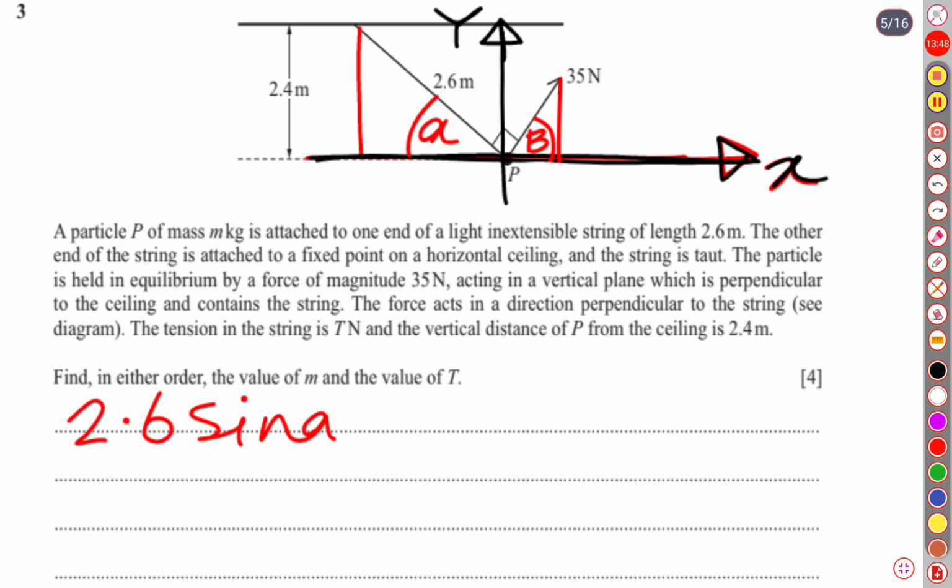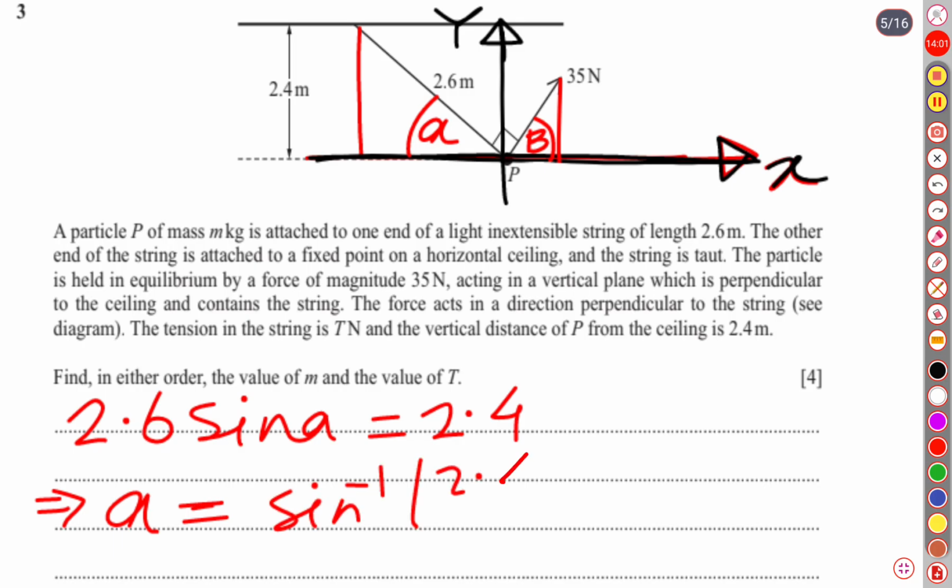Sine alpha is equal to 2.4 over 2.6. Hence alpha is equal to sine inverse of 2.4 over 2.6.